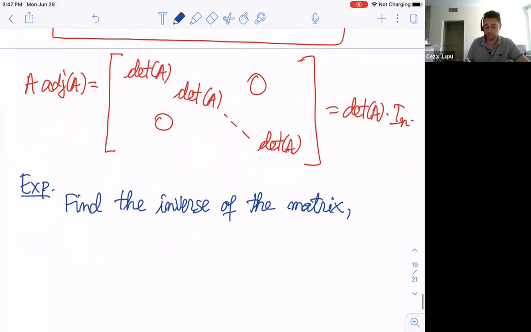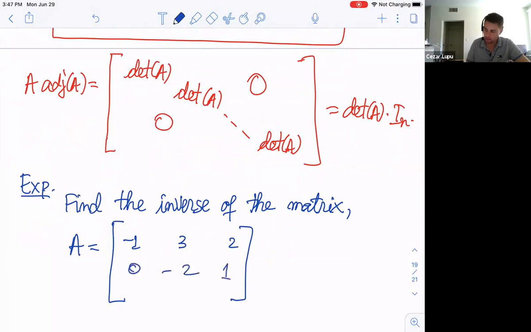This matrix is given by A equals, let's say, -1, 3, 2, 0, -2, 1, and 1, 0, -2. Let me take this matrix.